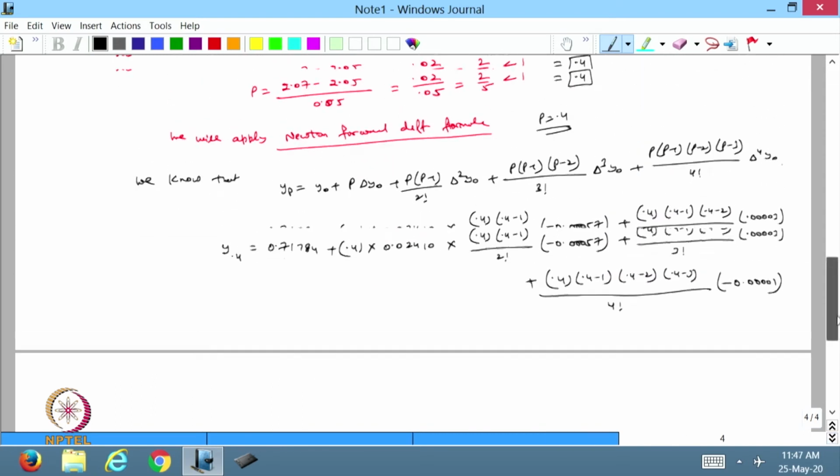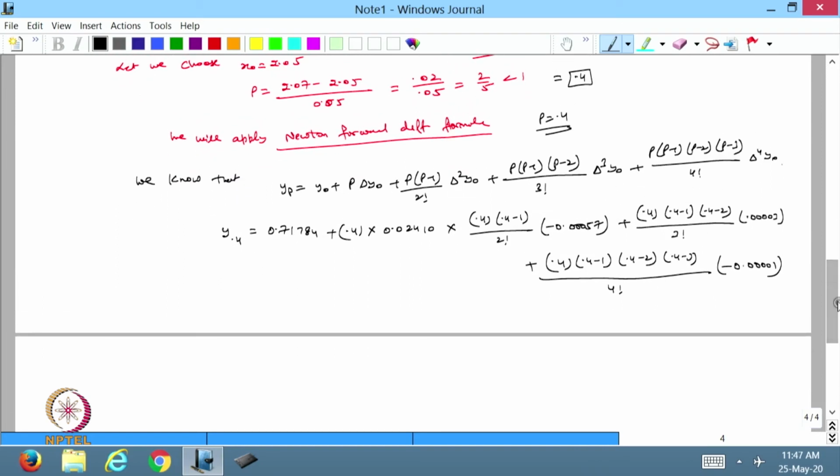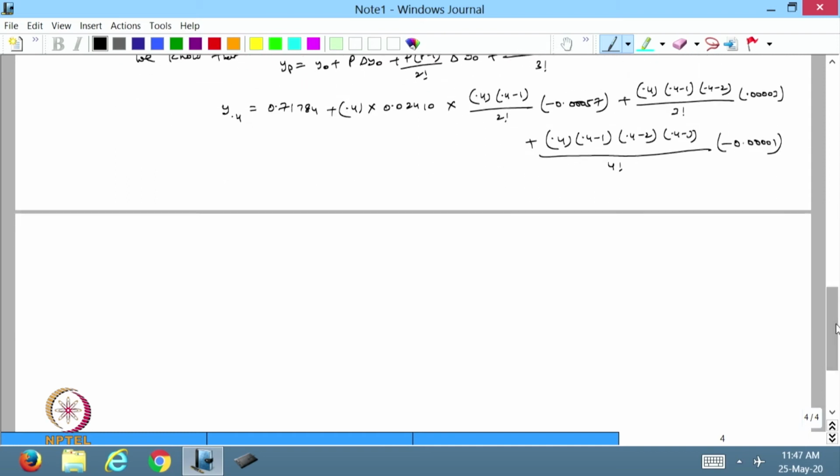So, in such type of question we have to take care about the calculation. So, from here if I calculate all this value using the computer or calculator, the value of yp is coming 0.72755.